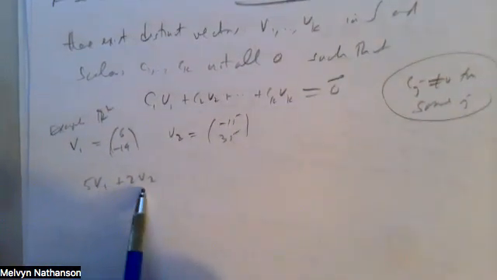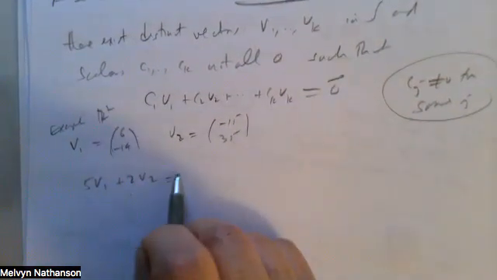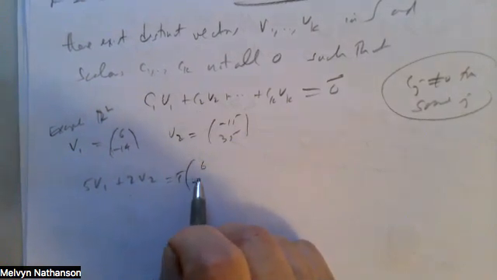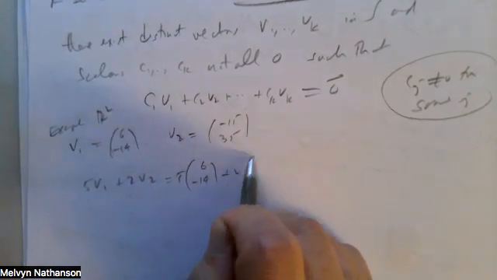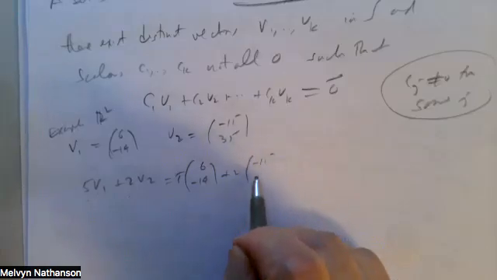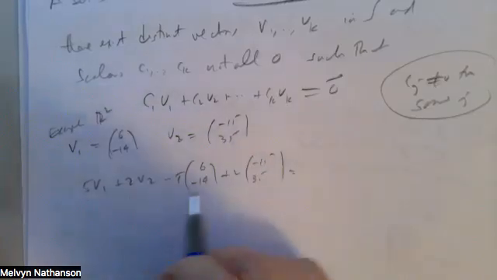So this is a linear combination of V1 and V2. This is 5 times the vector (6, -14) plus 2 times the vector (-15, 35).